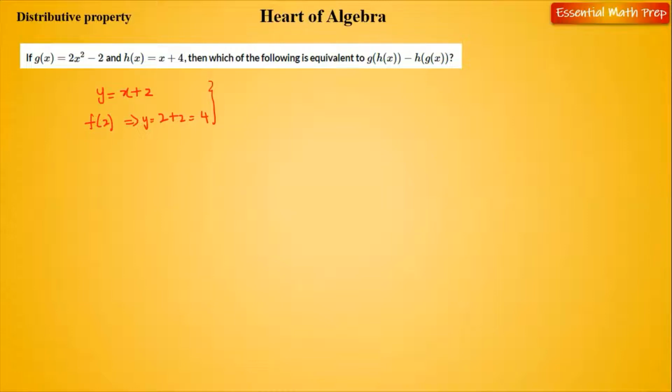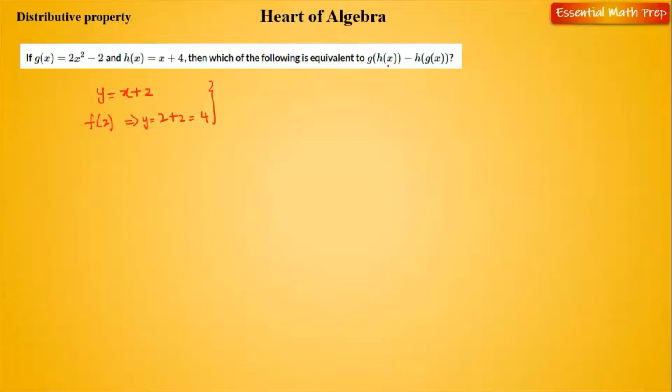Now, the question has given you g of x and h of x separately, and it's asking which of the following is equivalent to g of h of x minus h of g of x. I have purposefully removed the multiple choice because I want you to treat it as if it is a descriptive problem and figure out an answer for it. So let's start with the first portion of the expression, which is g of h of x.